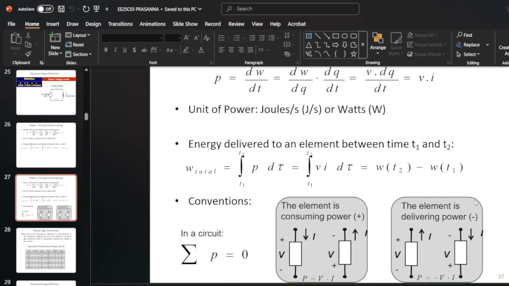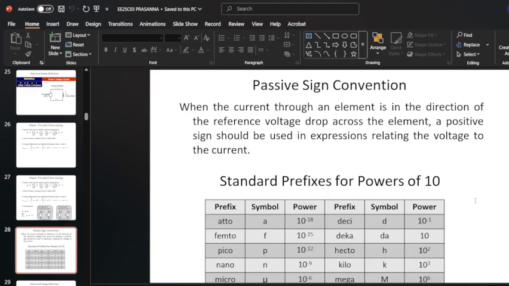An element consuming power is positive. If the element is delivering power, it is negative. Consuming means P equals VI; delivering power means minus VI. So the positive sign convention: when the current through the element is in the direction of the reference voltage drop across the element, a positive sign should be used in the expression relating the voltage to the current.